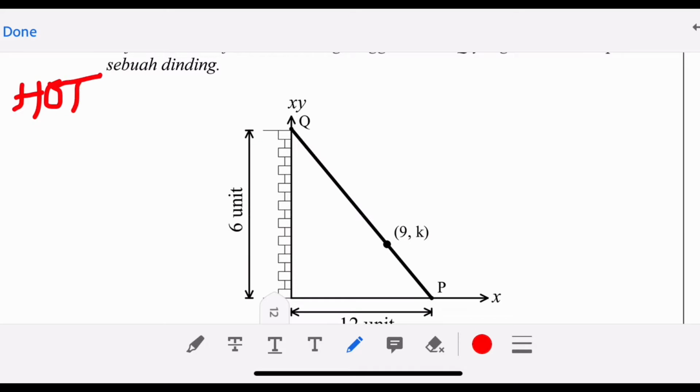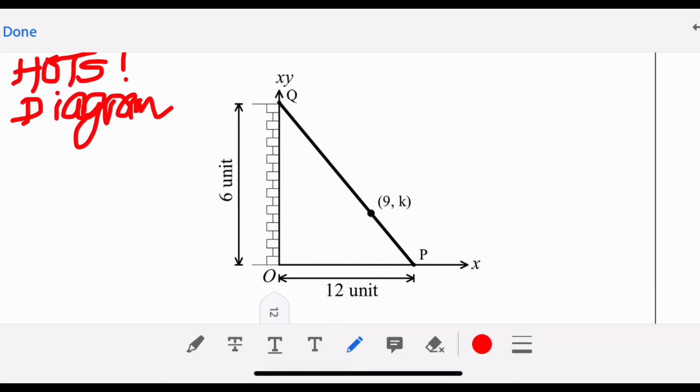Okay, because there is no point given, so you have 6 units. Actually for Q you can label as (0, 6), and you have another point which is 12 units, so you can label as (12, 0).